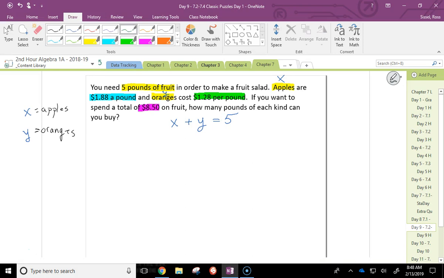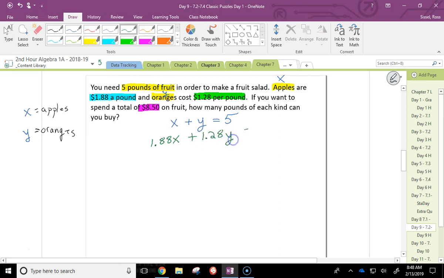Everyone needs to understand my apples are going to be $1.88 per pound. So 1.88x. $1.88 per pound. Okay? And I'm going to add that with, how can I write my orange? What is an orange right now? Donovan? 1.28y.